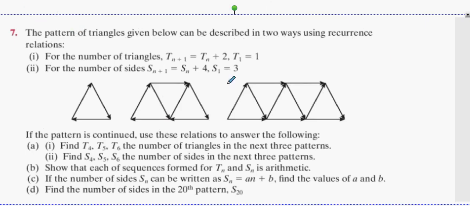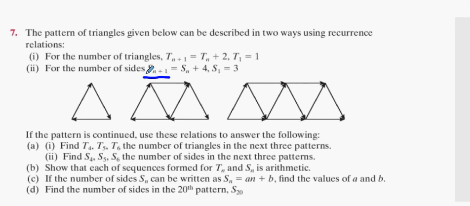So please don't get mixed up with sum. It's just saying S represents sides, okay? So, for the number of triangles, Tn plus 1 equals Tn plus 2, T1 equals 1.